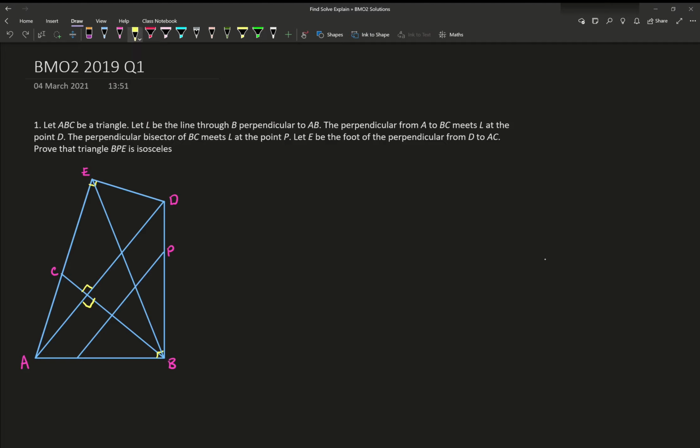To prove this, I will prove that there is some circle that goes through both B and E and has center P. So we know that PB equals EP because they're both the radius of this circle. Okay, so we start by proving that ABDE is a cyclic shape.